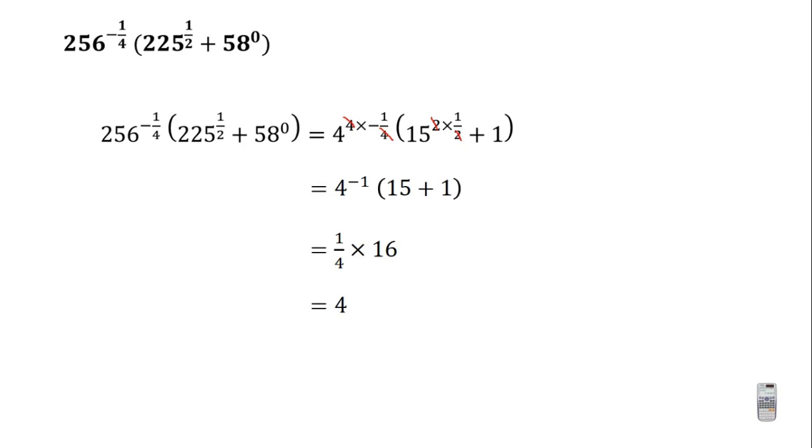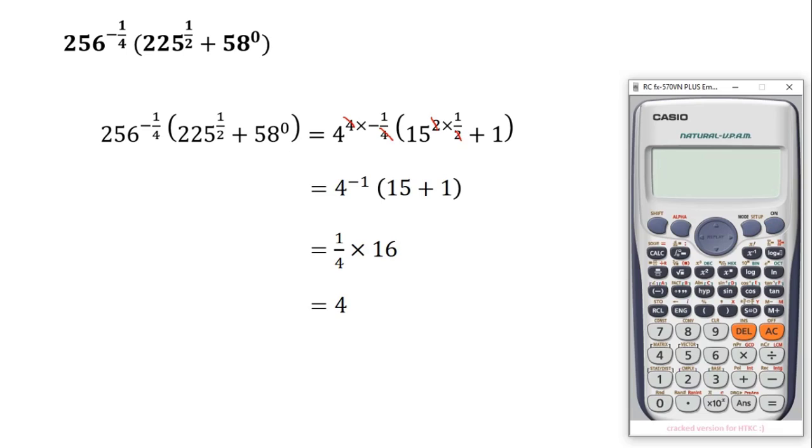If you want to do this on your calculator, you switch on your calculator, then you enter this expression on the calculator. So you have 256 exponent minus, then you bring your fraction button, 1 divided by 4.